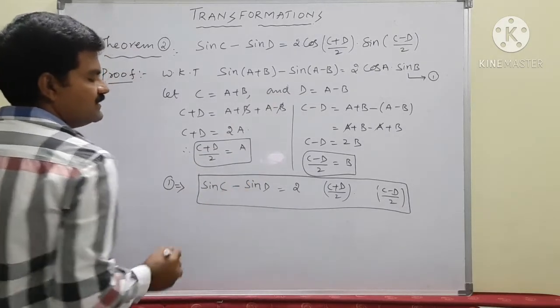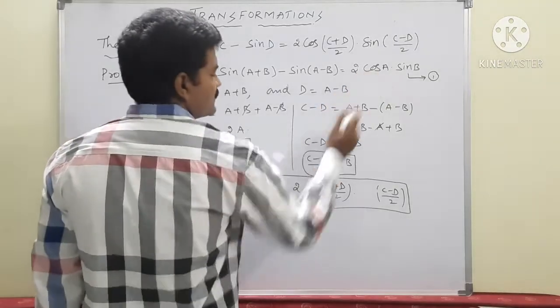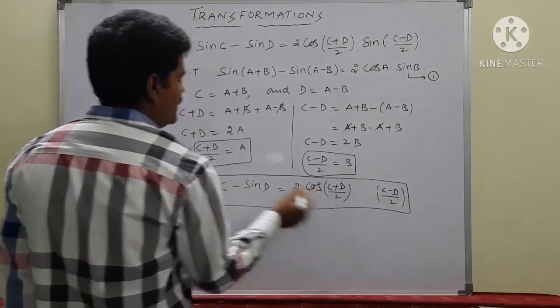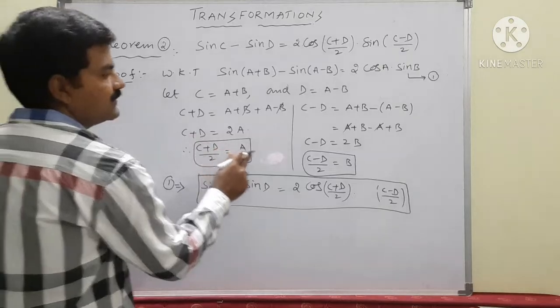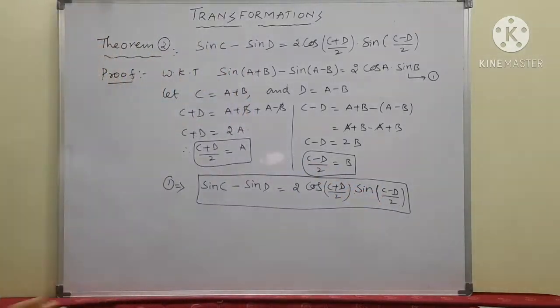So sin c minus sin d is equal to 2 cos, and a is nothing but c plus d by 2, into sin b. B is nothing but c minus d by 2.